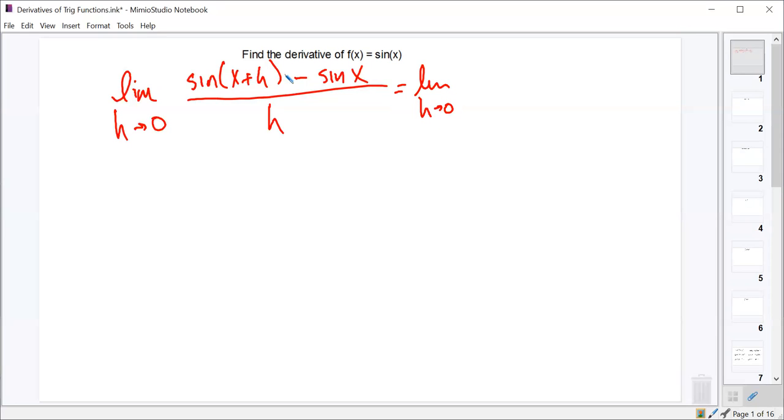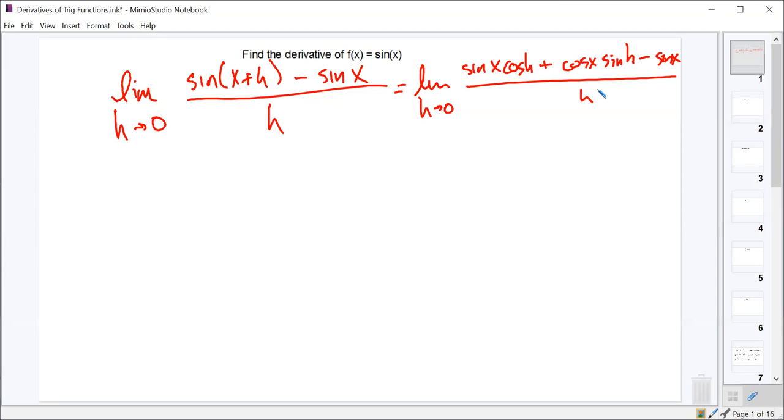Sine of a plus b. Sine x times cosine of h plus sine h times cosine x. Sine x cosine h plus cosine x sine h, and then we have our minus sine x still up there at the top, all over h.